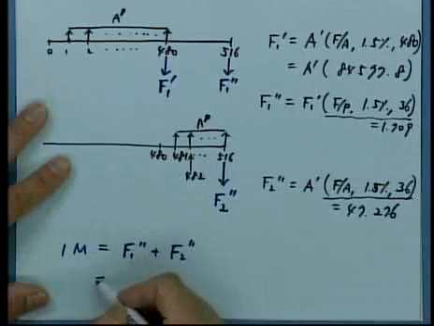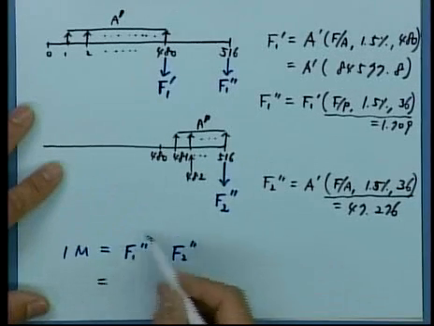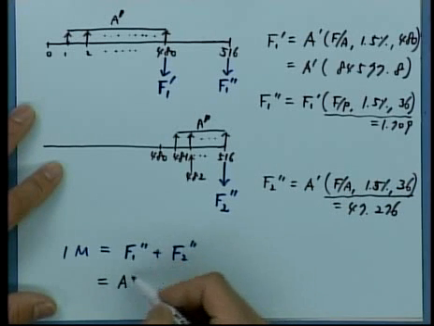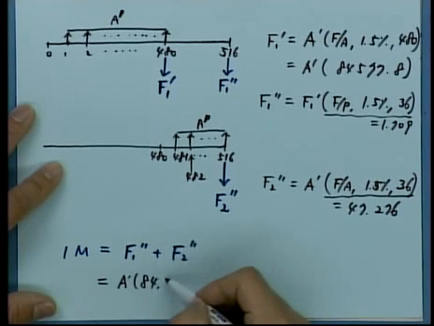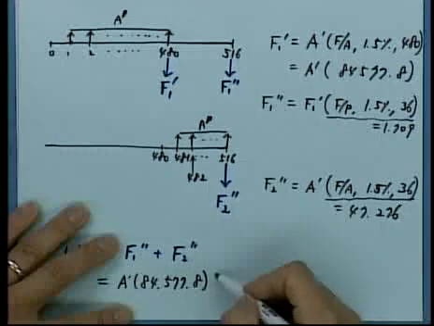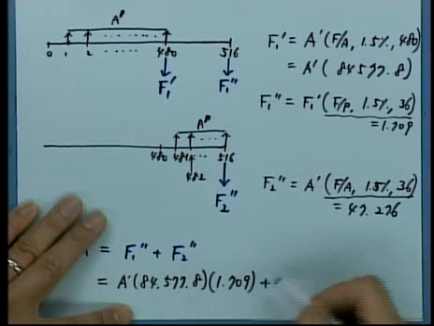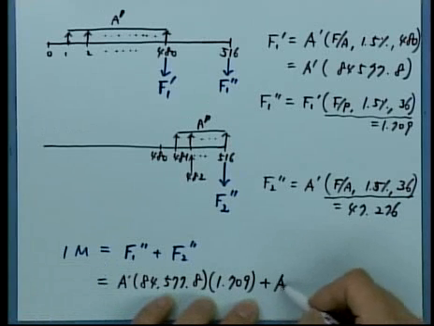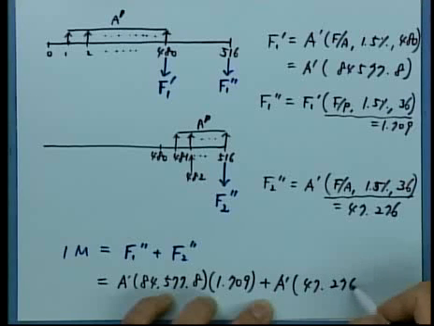So down here, the $1 million should be equal to F1 double prime, which is this. So here we have A prime times 84,577.8 times 1.709 plus F2 double prime, which is this, A prime times 47.276.